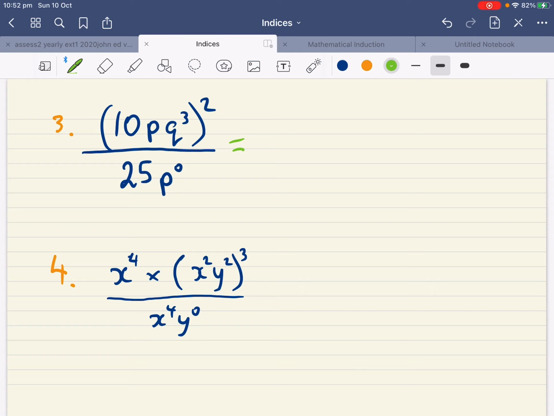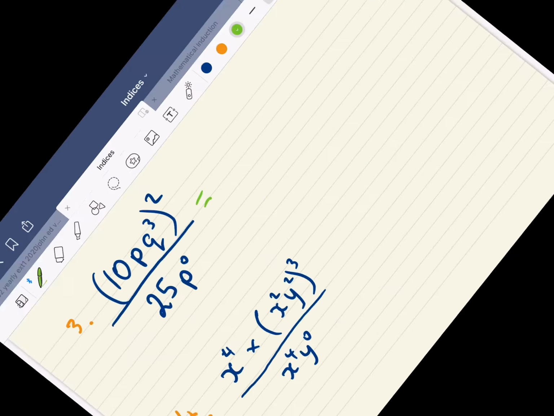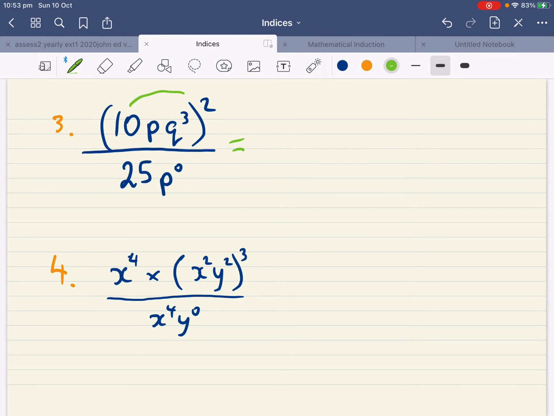We have 10pq cubed, all to the power of 2. So that 10, is that 10 a power or just a normal number? Right, so hopefully you think it was just a normal 10. So we have 10 that's been squared. So we're just going to resolve that like we always have. What is 10 squared? So we've got 100.